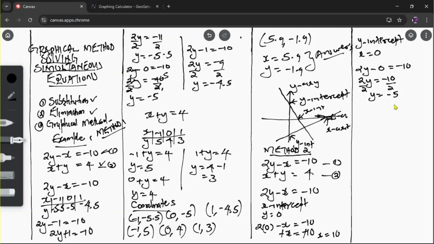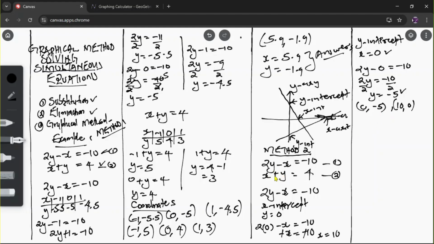I'll go to my graph where you have minus 5, so the coordinate is 0, minus 5. And for this one, 10, 0. So I'll just plot these 2 points.